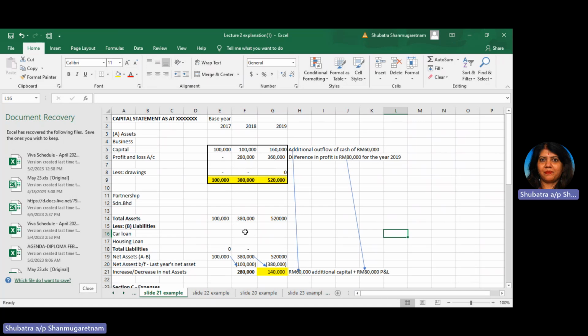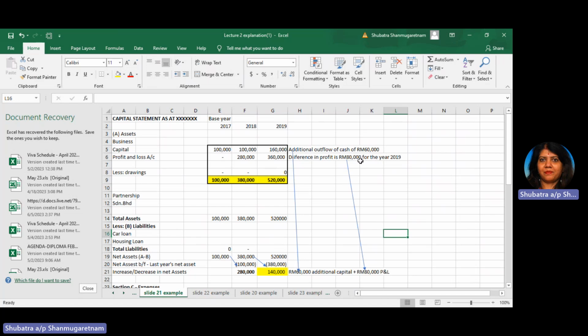So your net asset in 2018, including your profit, was 380,000. Out of these 380,000, 100,000 was invested as your share capital in 2017. So it's not an outflow in 2018. So the outflow in 2018 is your portion of profit, 280,000.